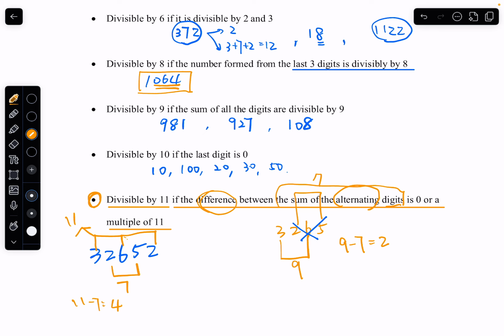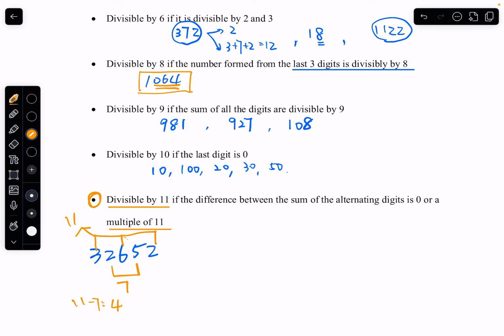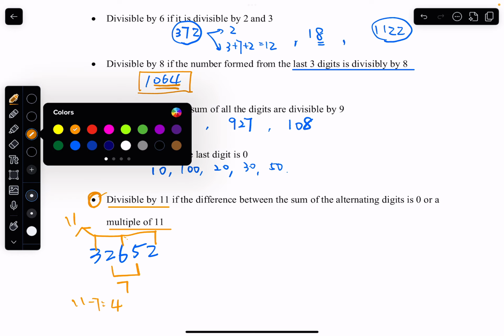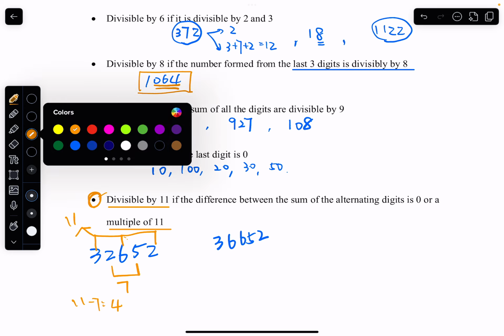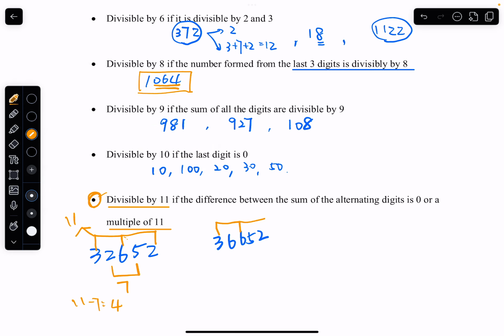Now if I want to make the number a multiple of 11, how do we do it? I just change a digit. I think I can make it 3, 6, 6, 5, 2. We try it. 3 plus 6 plus 2 is 11. 6 plus 5 is 11.